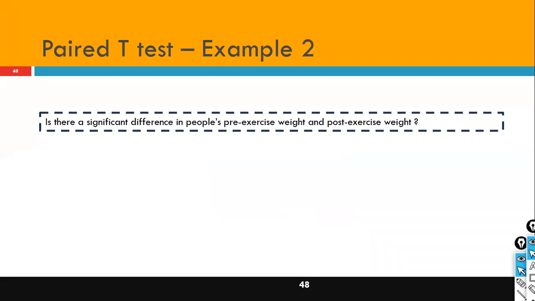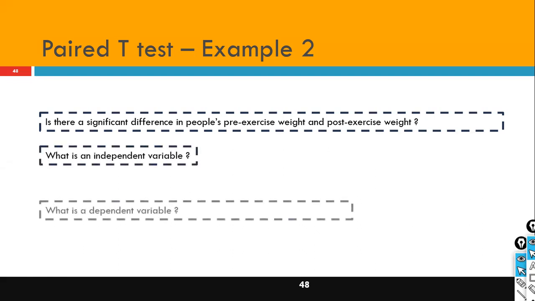Is there a significant difference between people's pre-exercise weight and post-exercise weight? Now you tell me what is the dependent variable and what is the independent variable. Weight is the dependent variable, a continuous variable.